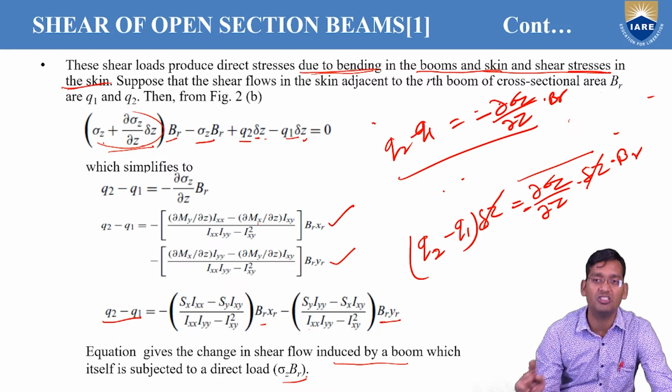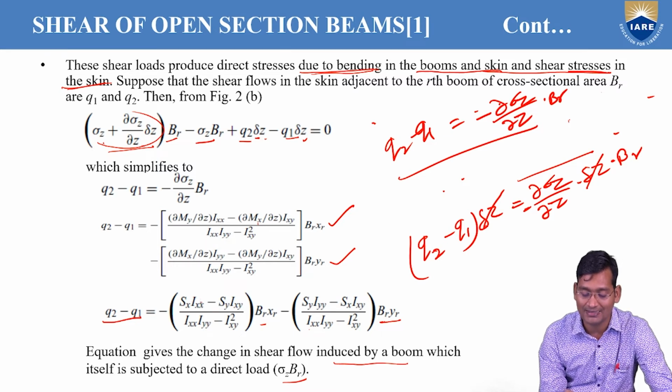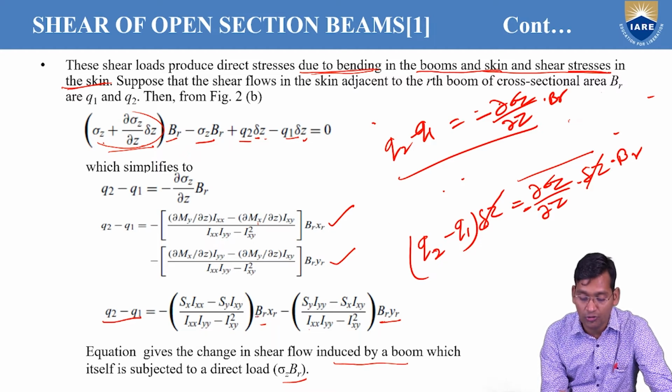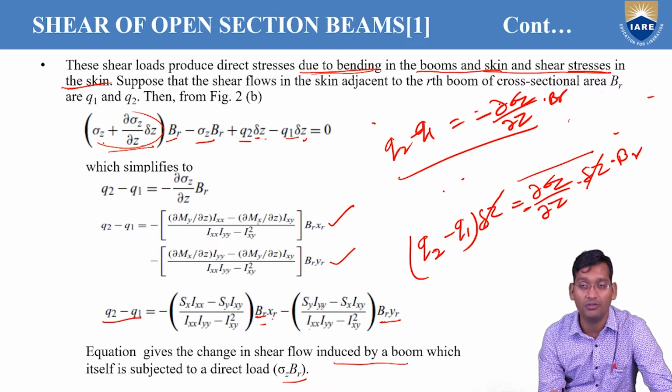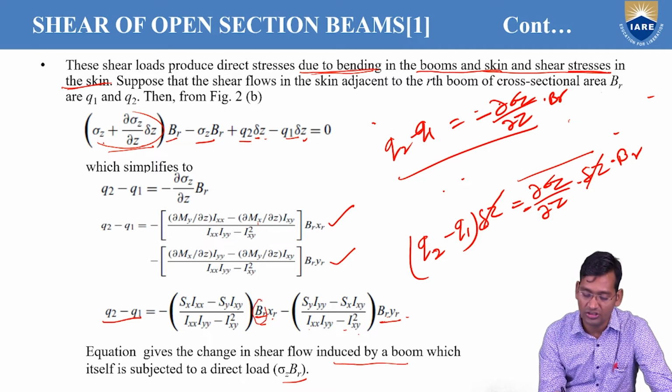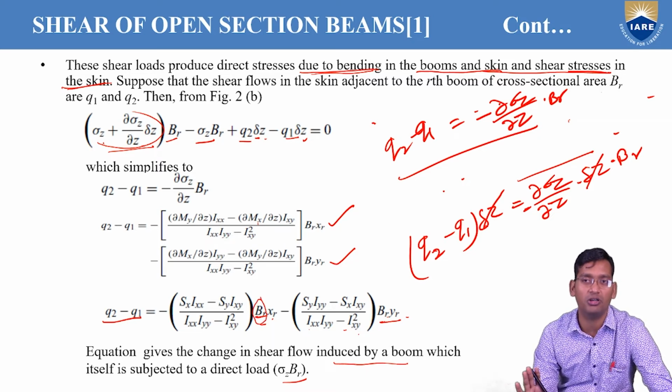Now suppose we are taking the first boom, then this will be Q2 minus Q1 over the first boom: (Sx Ixx minus Sy Ixy) by (Ixx Iyy minus Ixy squared) into B1 x_r, minus (Sy Iyy minus Sx Ixy) by (Ixx Iyy minus Ixy squared) into B1 y_r. We just have to change this r to B1, B2, B3, whatever the number is.